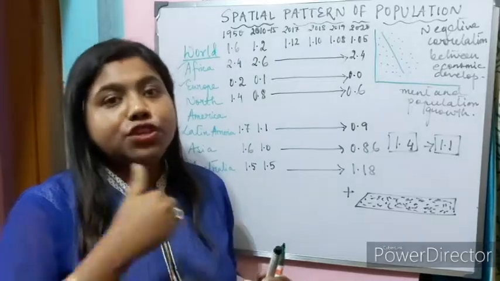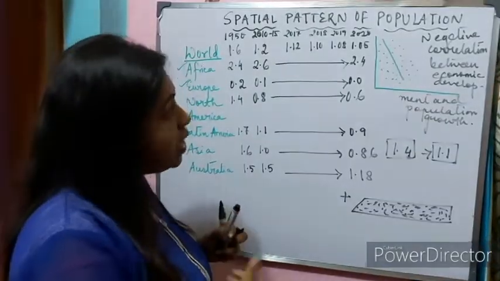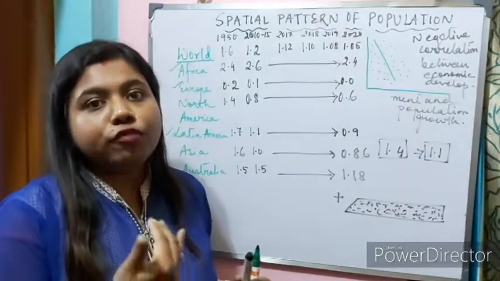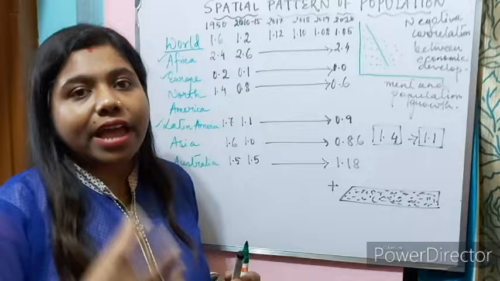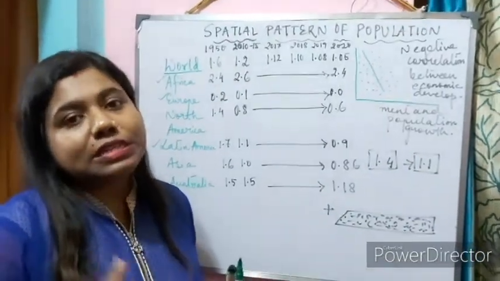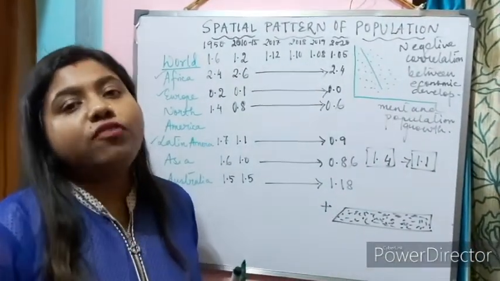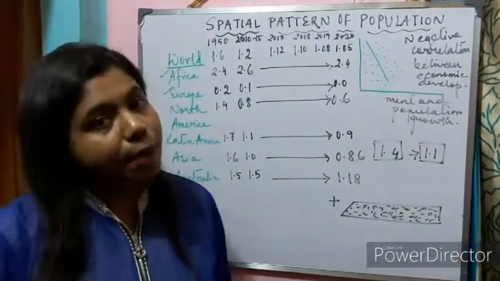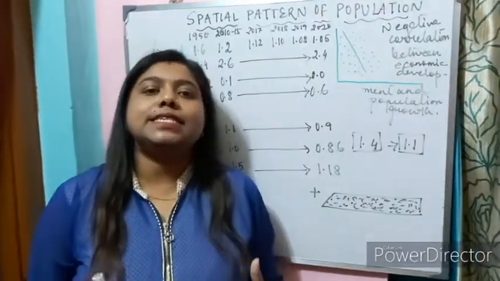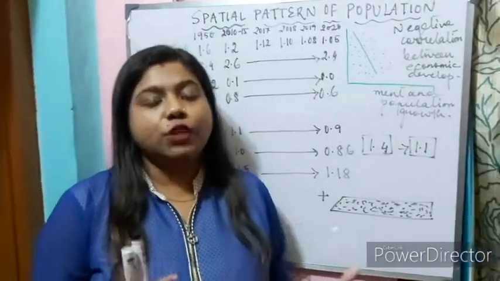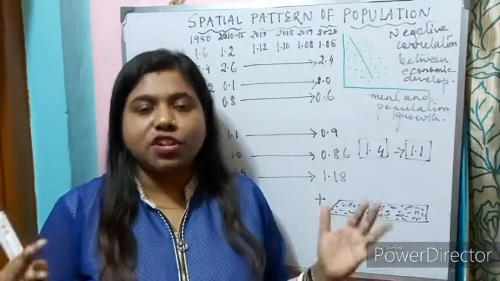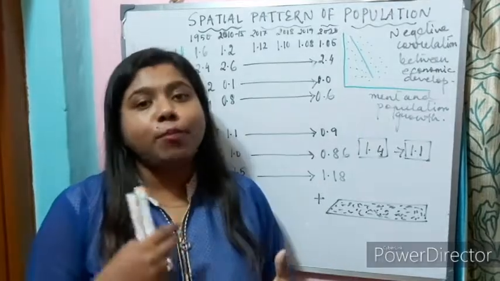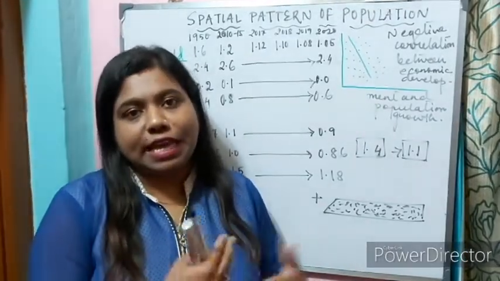So it is leading to expansion of population mostly in the developing countries compared to the developed countries. So if a small annual rate is applied to a large population, it will lead to an increase in population by a large amount. Maybe the growth rate is declining, but still the population will go on increasing each year.